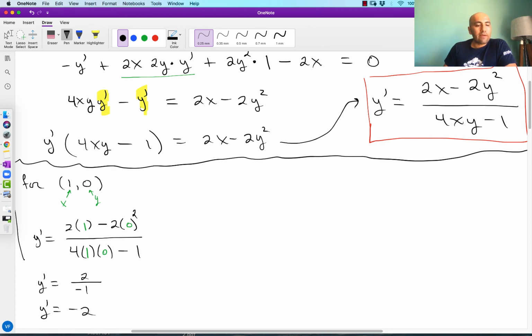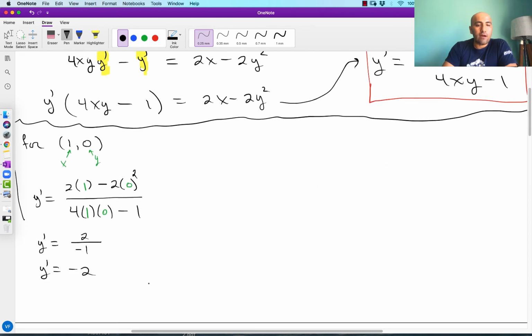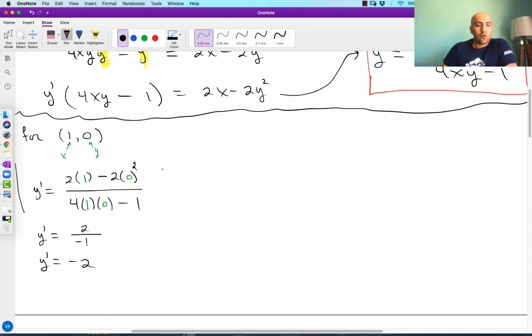Okay, so now we have the slope of the line tangent, and we have a point, right? So now all we have to do is use our formula for lines. We're going to use y minus y sub given equals m times x minus x sub given, for the point that is given.